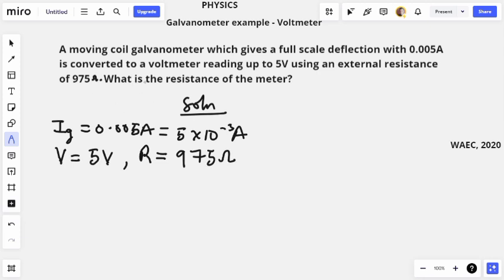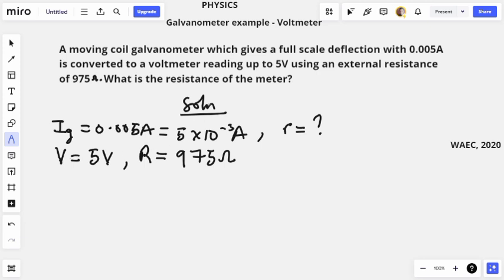Then the question is, what is the resistance of the meter? The meter in question there is the galvanometer, so that is the internal resistance of the galvanometer. That's what the question is asking.